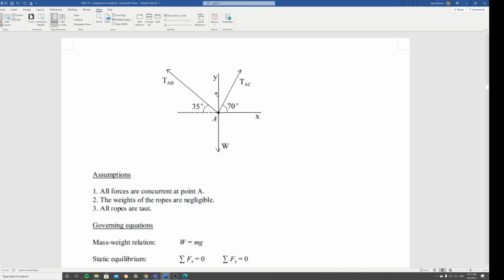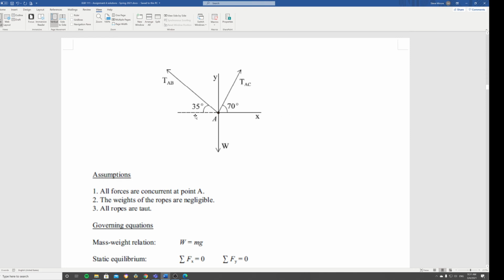What we're going to see is some component of TAB in the x direction, pulling off in this direction, and a component of TAC in the other direction, pulling off to the right. In an equilibrium condition like this, where it's not moving, there's no acceleration, so whatever force is pulling off to the left has got to be equal to whatever force is pulling off to the right.